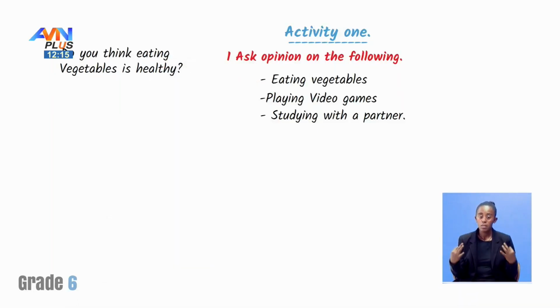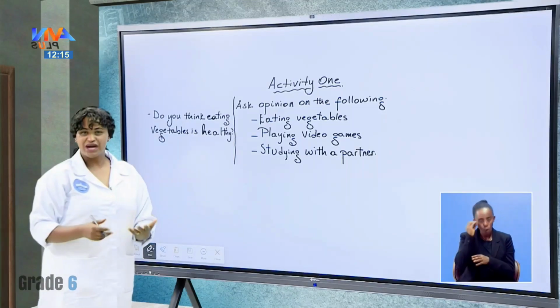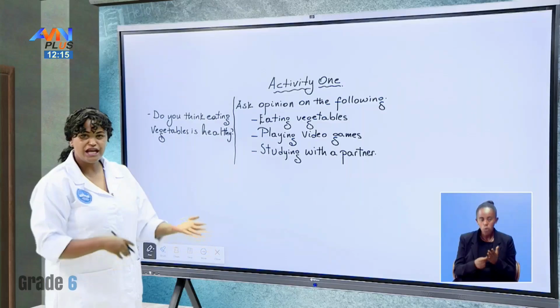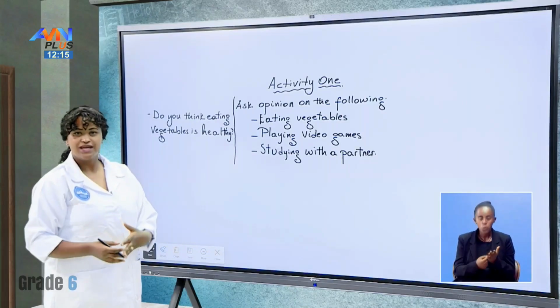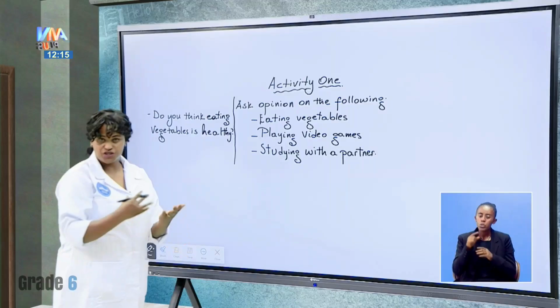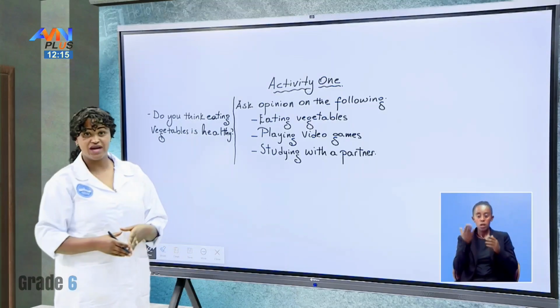This is one way of asking an opinion. You can say, what do you think about, or what is your opinion about eating vegetables? Yes? Or you can say, what would you say about vegetables? Different ways. Just remember what we have seen last time, all right?